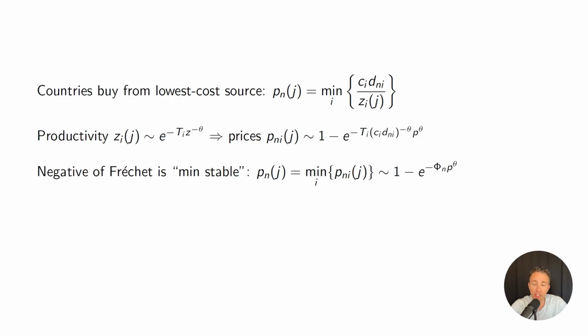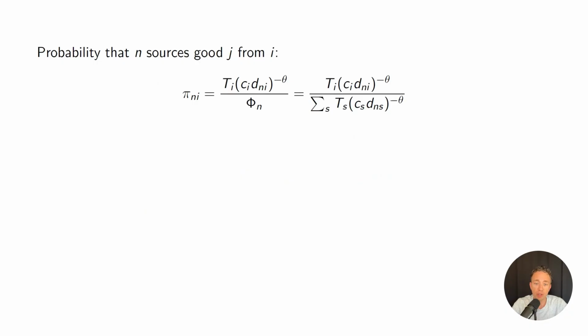Because Fréchet is max stable, 1 minus the Fréchet is going to be min stable, and so the overall minimum worldwide is going to follow a Fréchet distribution as well. Again, we're seeing something akin to scale invariance here to get this form of the exponent. And what this is going to give us is a closed form probability for the event that country n buys good j from country i.